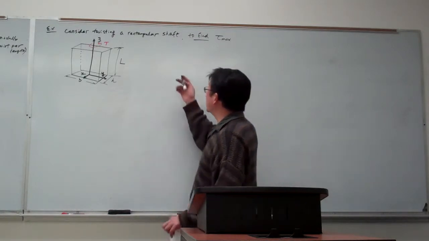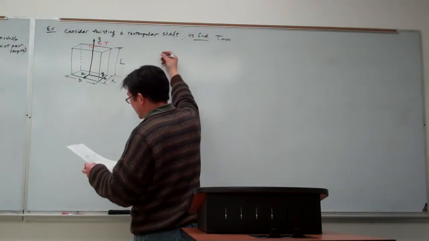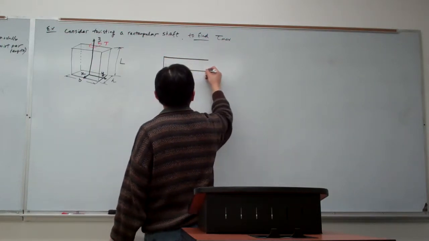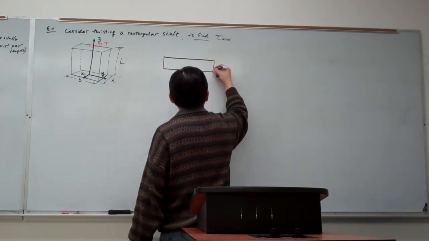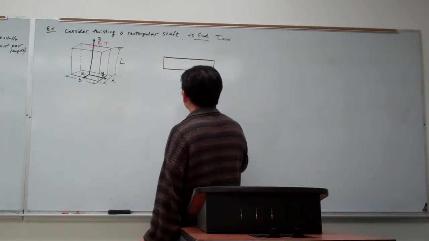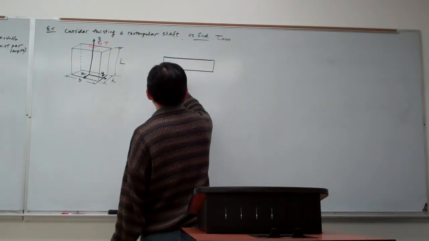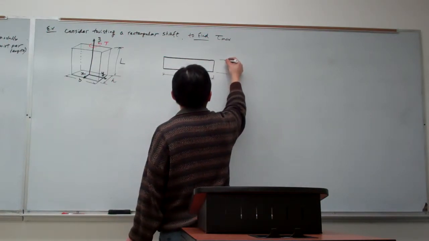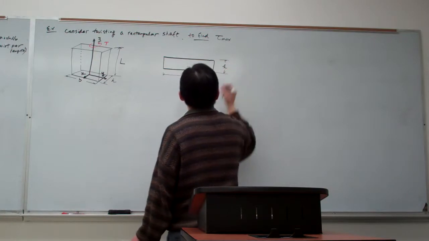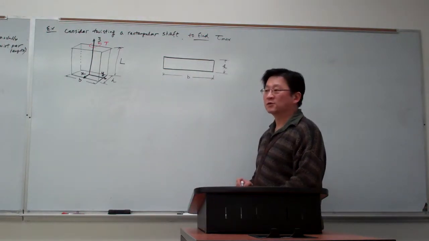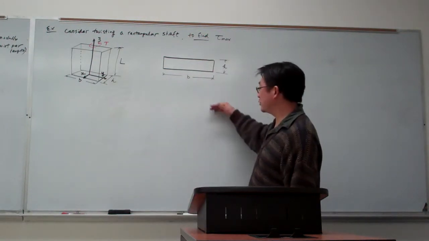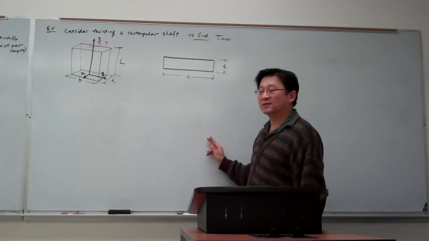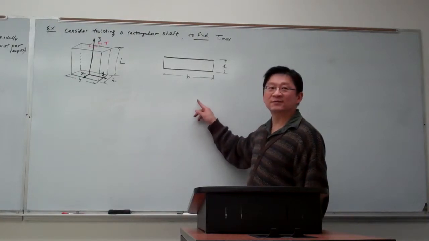From last time, we can exercise like this. You can see this is the cross section of this shaft, and these dimensions are B and H. Before we proceed, I need you to identify where the maximum shear stress is.